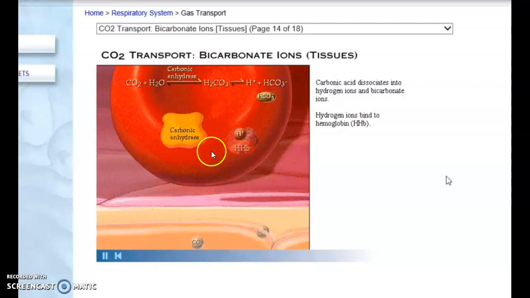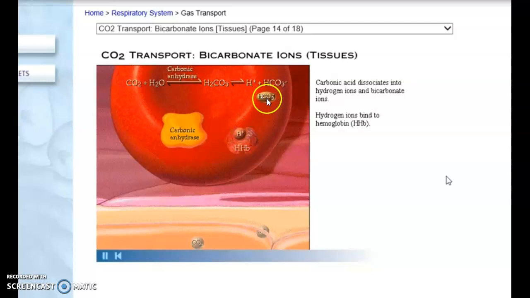So the hemoglobin, which was carrying that oxygen, is now going to be open to receive other things. Well, we said earlier, one thing it can receive is carbon dioxide and form carbaminohemoglobin. But the other thing the hemoglobin can receive is this proton right here from the breakdown of the carbonic acid. Okay, so we call this reduced hemoglobin.